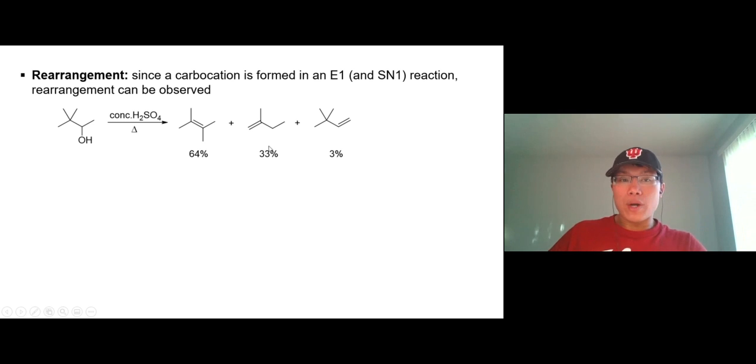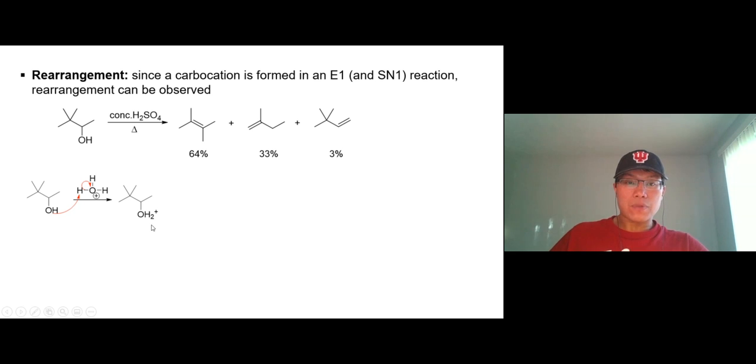If you don't know what I'm talking about, don't worry. Let's draw together. This is an E1, so the first step is carbocation formation. But OH is a bad leaving group, so you have to convert that to a better leaving group first. That's why we add sulfuric acid right there. Basically a lot of protons floating around, hydronium ion protonation.